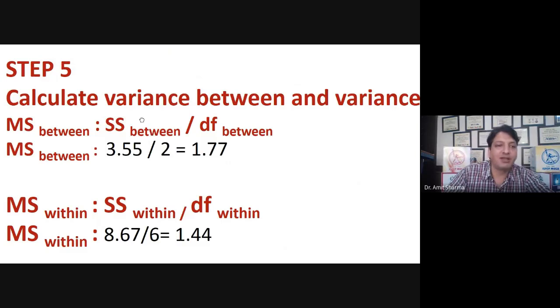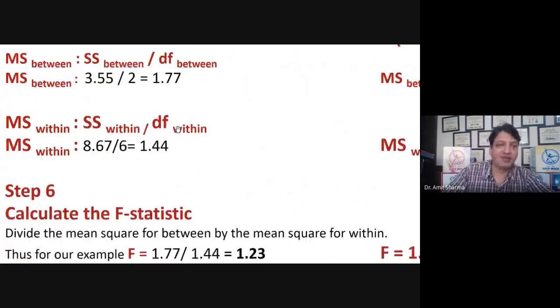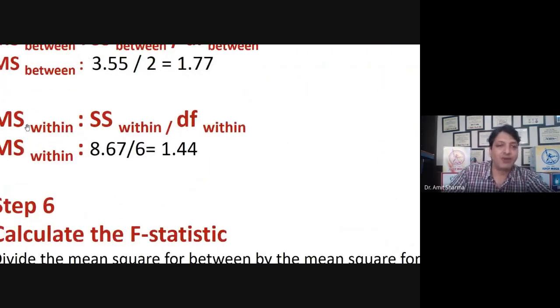So I know that SS between is 3.55 divided by 2, which is the degree of freedom, and we got the value 1.77. Like this, we have to calculate the within also. The formula for MS within is SS within divided by degree of freedom within, and we are going to get a reading, that is 1.44.